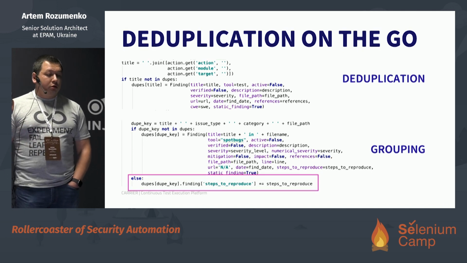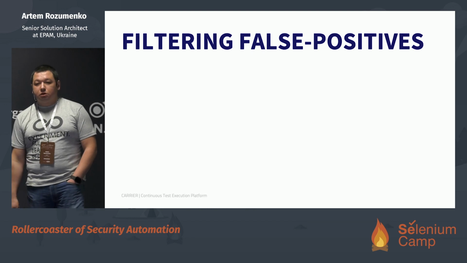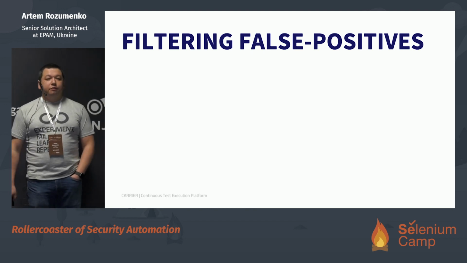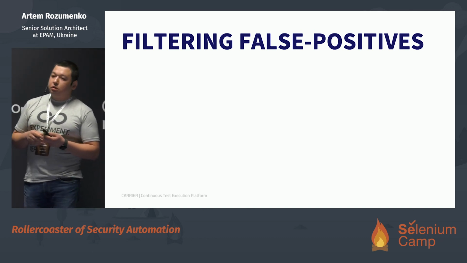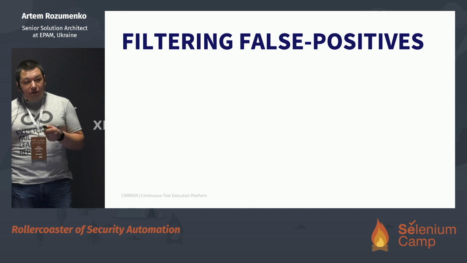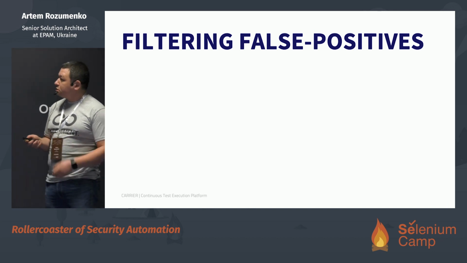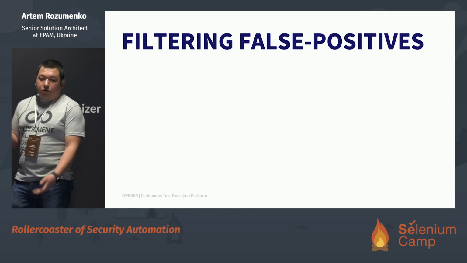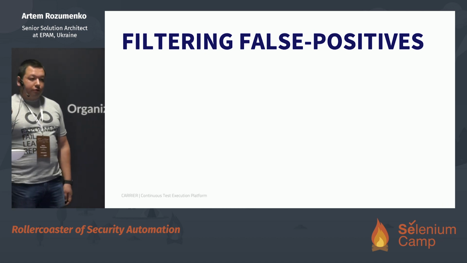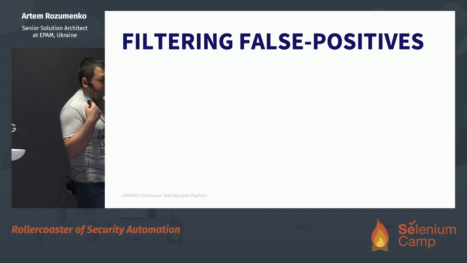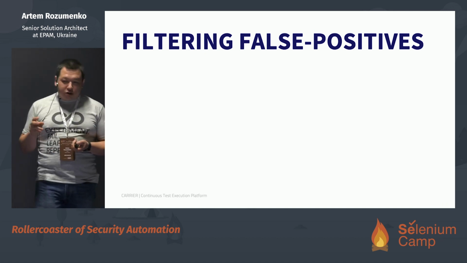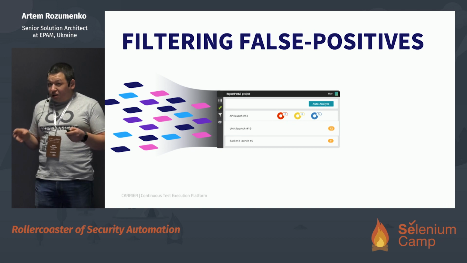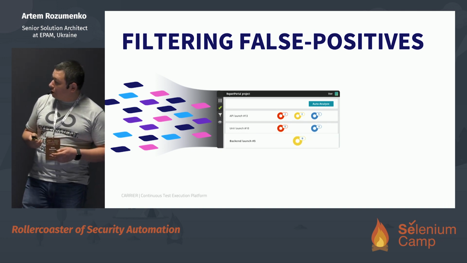The next thing is what I was saying: automatic filtering of false positives. Initially, when I started, I mentioned that there are about 85% false positives, and we need to filter that somehow. We use Report Portal for that, because Report Portal has some sort of AI based on a CNN machine learning algorithm, which needs to be tuned a bit to make it work.